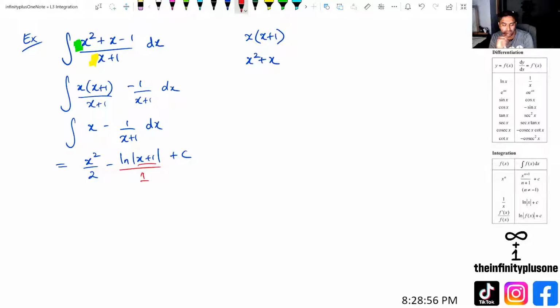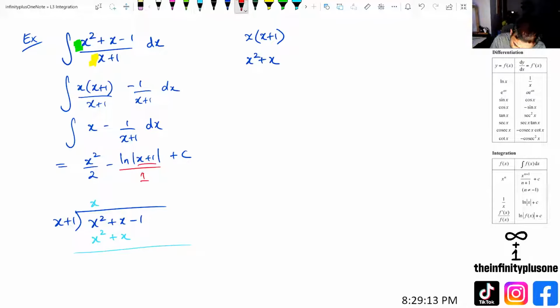If I was to do this long division, I would go x plus 1, x squared plus x minus 1. So I'd multiply it by x, which means I'd get x squared plus x. It works out nicely in this, because that becomes 0. This just becomes minus 1.